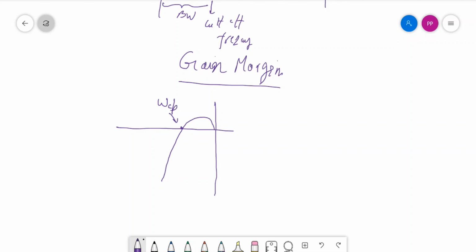At this frequency we obtain the value of the gain. For a stable system, this point should always be to the right of the -1 point. We'll discuss this in another lecture, where we'll elaborately discuss the Nyquist stability criteria. So for stability of the system, the crossover of the negative real axis should be as far as possible from the -1 and it should stay on the right of the -1.